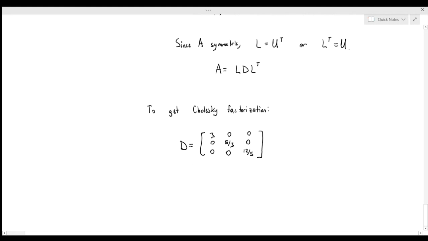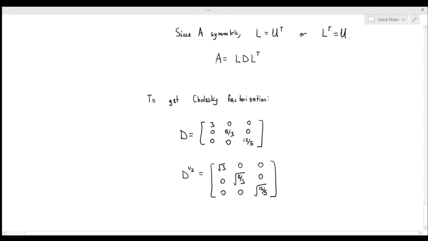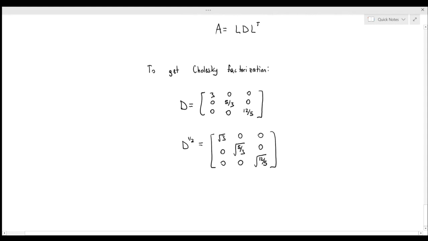So because of that, we can take the square root of this diagonal matrix just by square rooting each of the diagonal entries.